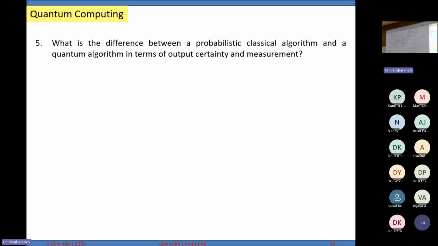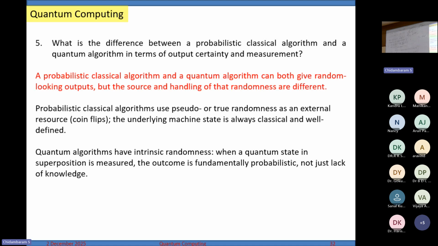But how does it generate? We call the random numbers generated by classical computers pseudo random numbers, because they are not true random numbers. In the quantum case, generation is also probabilistic, but it is not pseudo; it is true randomness. So probabilistic classical algorithms are pseudo random in nature.